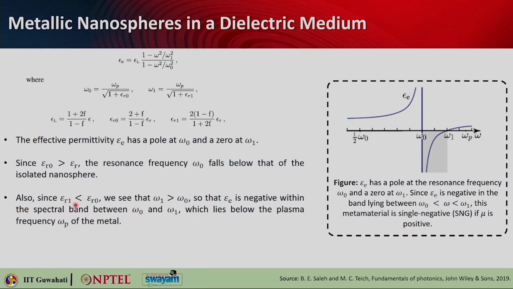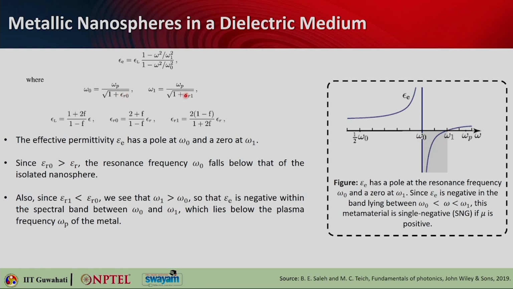Another thing is epsilon r1. If you look into this one, epsilon r1 is smaller than epsilon r, and if you compare, it is also smaller than epsilon ro. From that you can find out, and we can also see that omega 1 is greater than omega naught.